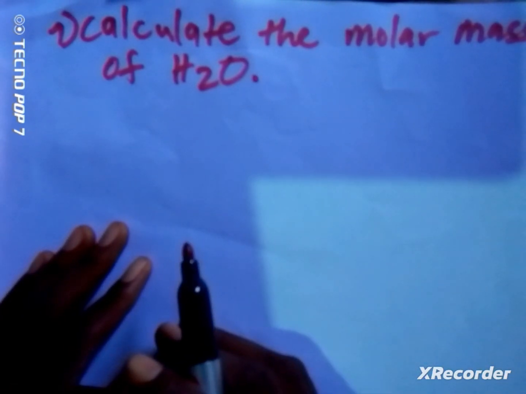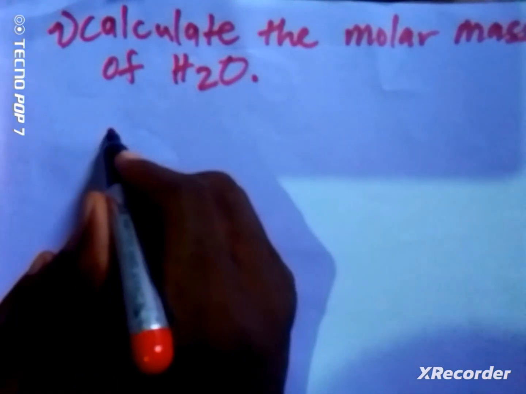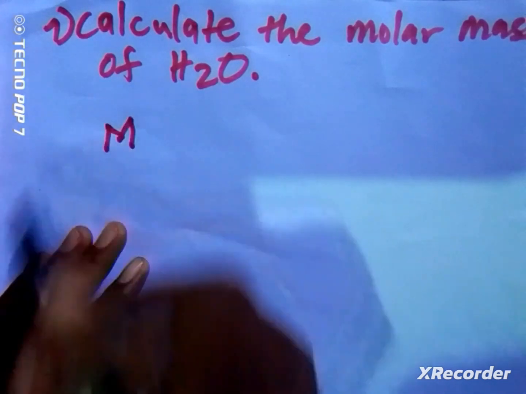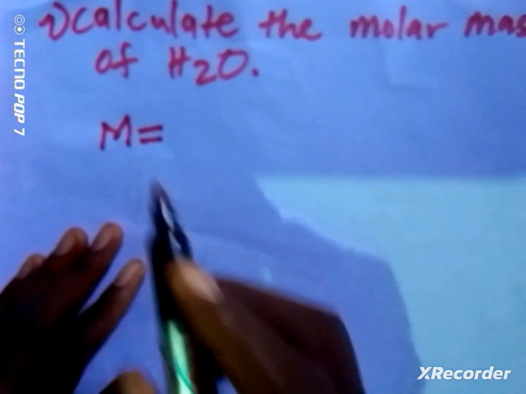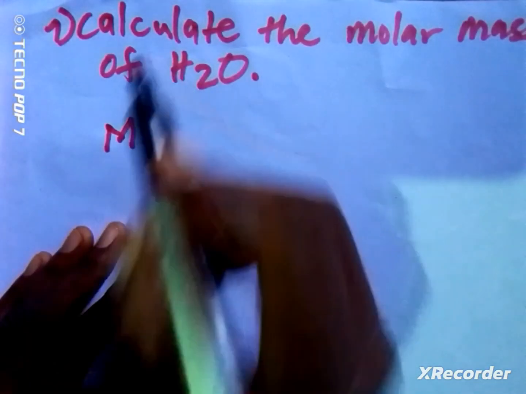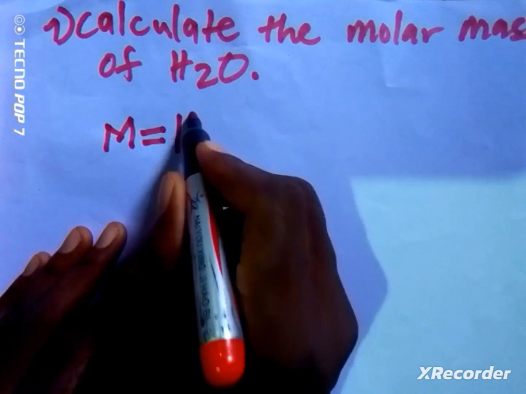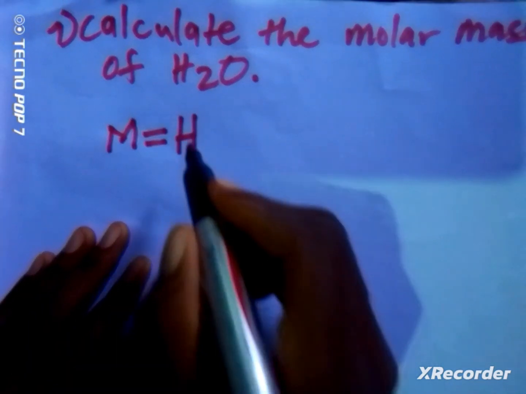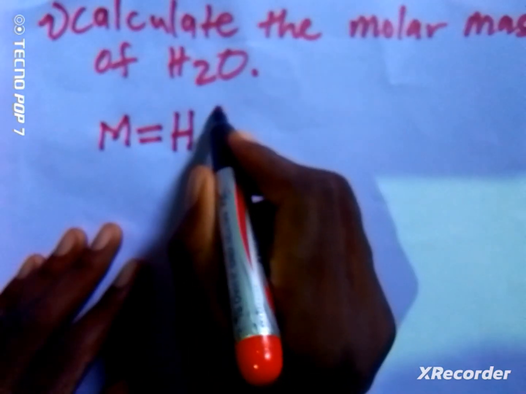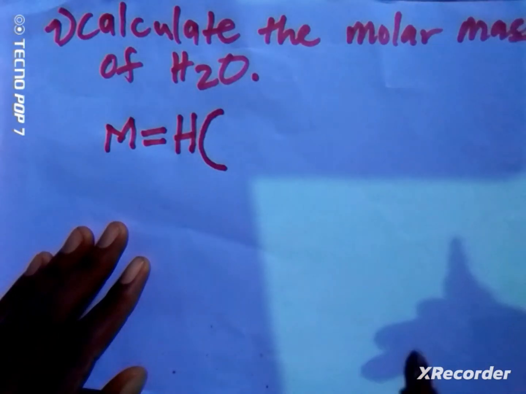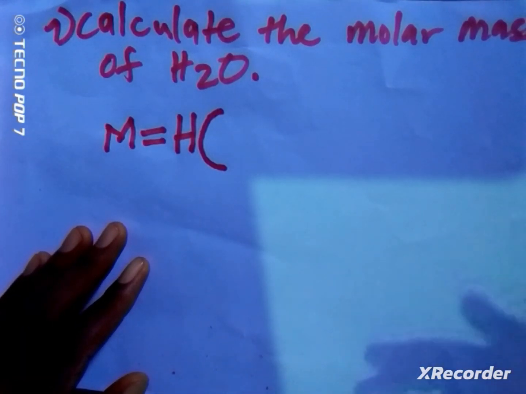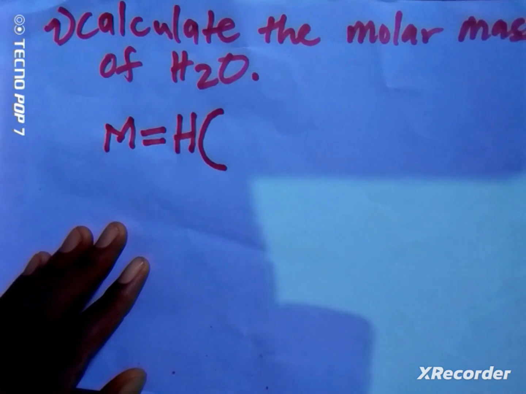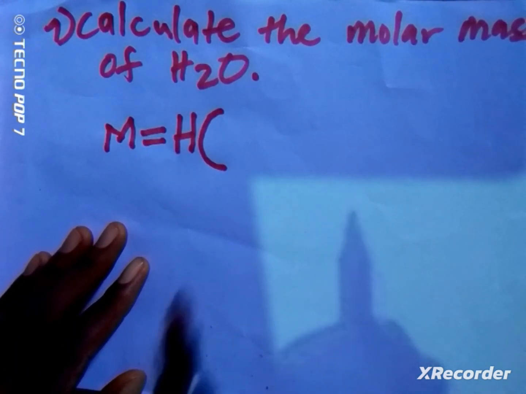What is the symbol of molar mass? The symbol of molar mass is M. So M is equal to H, so H, you have your parenthesis. Remember, I told you that you will have to look up the atomic mass of each element within that particular compound.